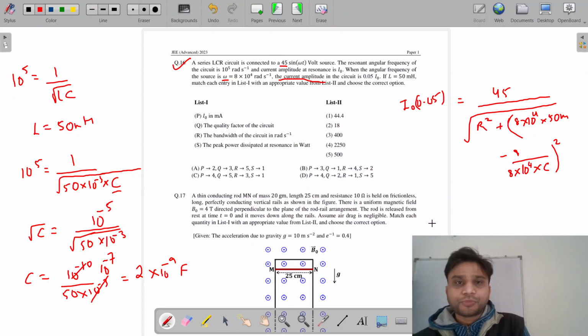And the value of resistance we can find.